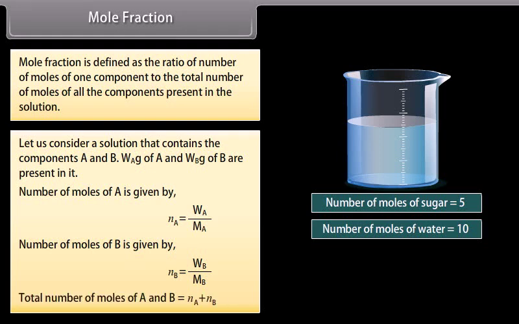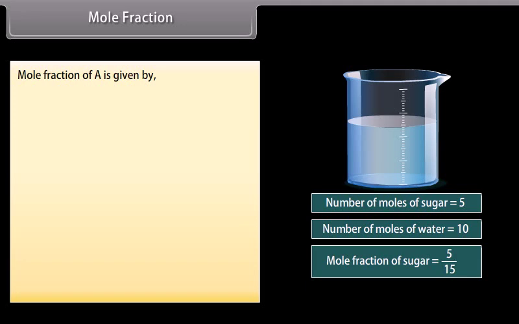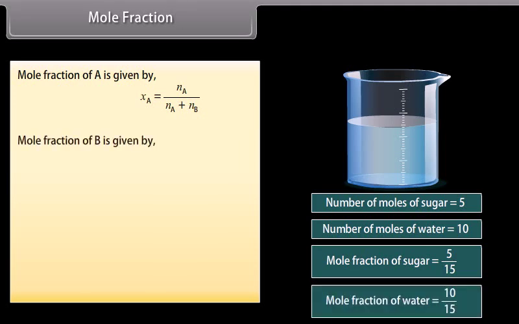Total number of moles of A and B is equal to Na plus Nb. Mole fraction of A is given by Na divided by Na plus Nb. Mole fraction of B is given by Nb divided by Na plus Nb.